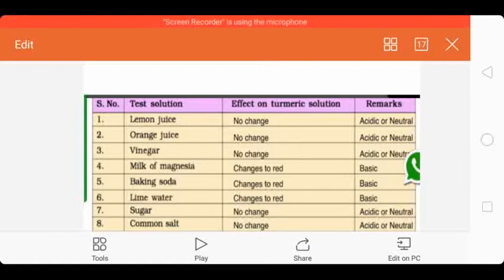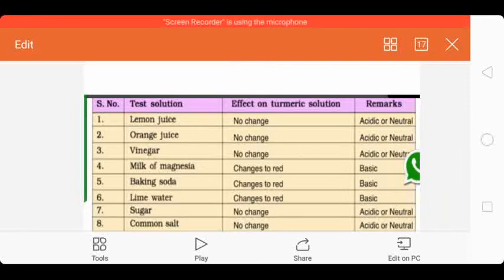Since there is no change, it can be a neutral substance or an acidic substance, and it is an acidic substance. Okay, second one, orange juice. Orange juice also consists of citric acid, and if turmeric solution is added, there won't be any change, and it is acidic in nature.